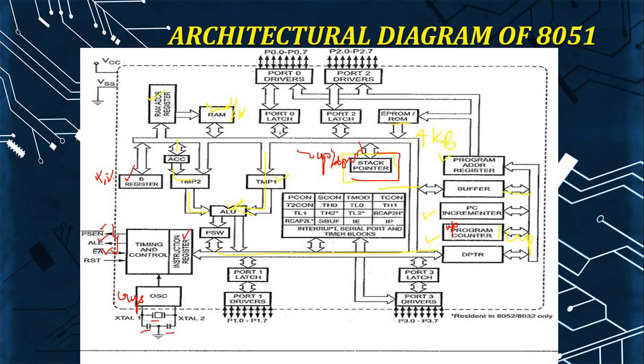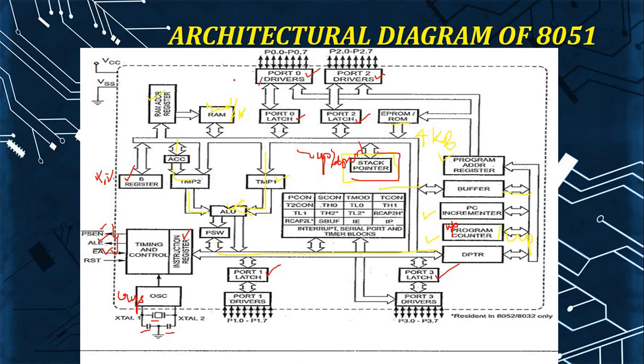And also we have some port circuits. What are these ports? Below, in the downward direction, we have the odd-numbered ports, that is port 1 and port 3. In the upward direction we have port 0 and port 2. All these ports need a latch circuit. Without a latch circuit, the port circuit cannot drive. So it needs a latch circuit as well as a driver circuit.